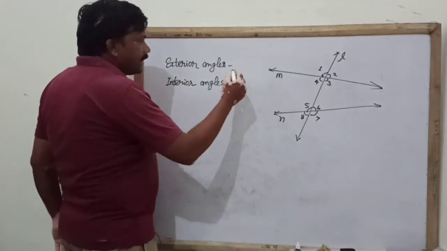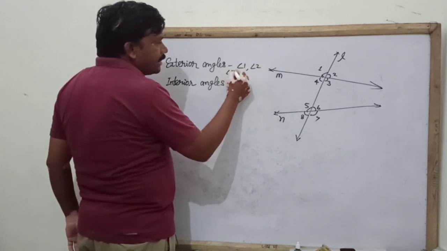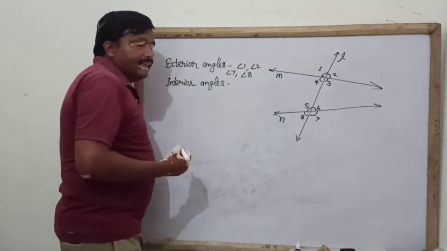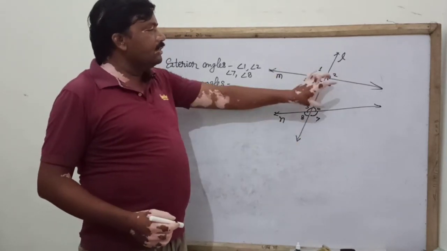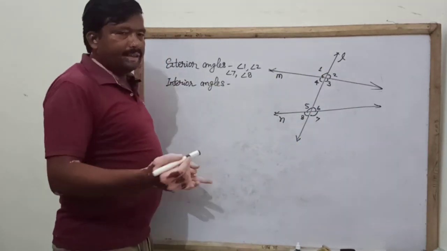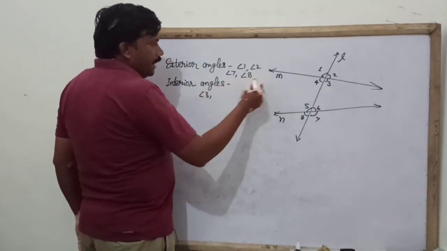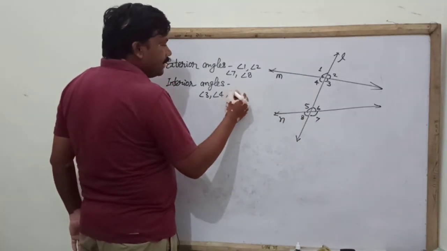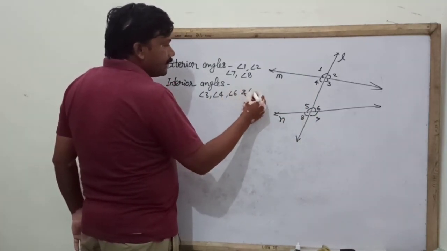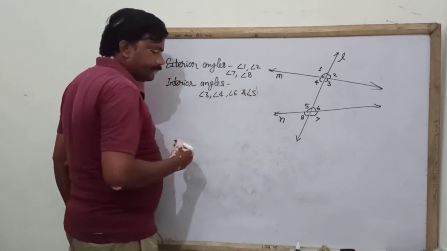So the exterior angles are angle 1, angle 2, angle 7, angle 8. And interior angles are the angles which are inside these two lines: angle 3, angle 4, angle 6 and angle 5. These are the interior angles.